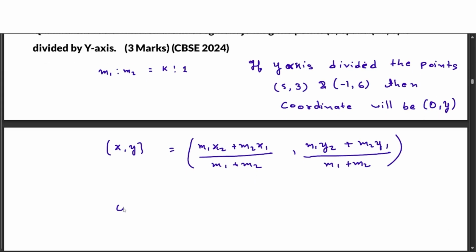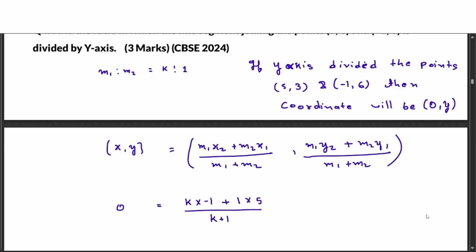So 0 is equal to, in m1 we have taken k, so k times x2, which is minus 1, so k times minus 1, plus m2, which is 1, so 1 times 5, over k plus 1.